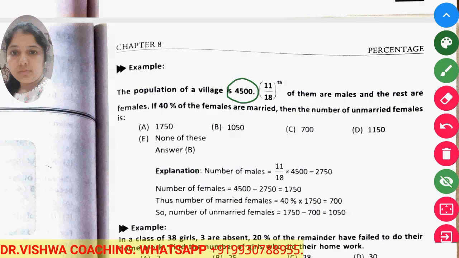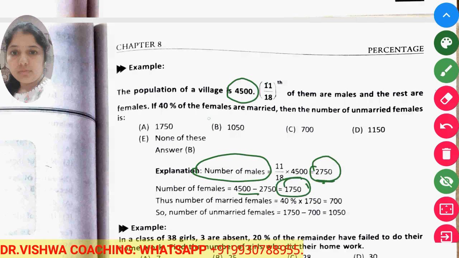Out of the total number, first we calculate the number of males using this fraction, 11 upon 18 are men. So 2750 is the number of males in the village. Now from the number of males, calculate the number of females in the village by subtracting it from 4500, the total number of people or population.